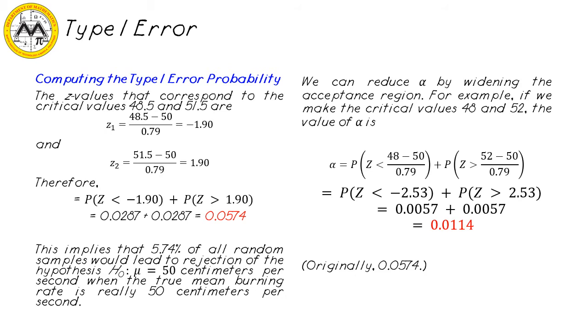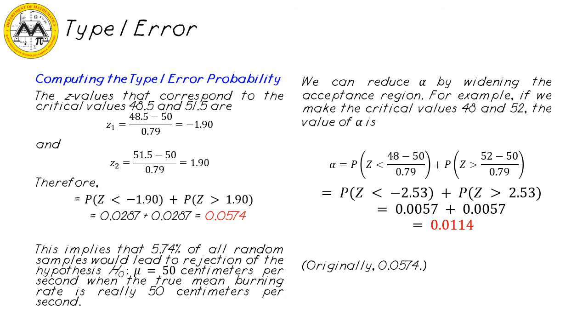We can reduce alpha by widening the acceptance region. So say for example, instead of 48.5 to 51.5, we extend it a little bit by 0.5. So alpha would be the probability that x bar is outside 48 and 52. So it would be Z less than 48 minus 50 over 0.79 plus the probability that Z is greater than 52 minus 50 over 0.79.